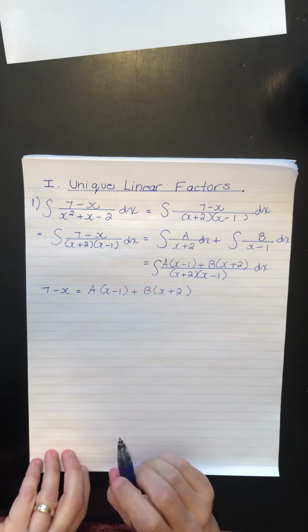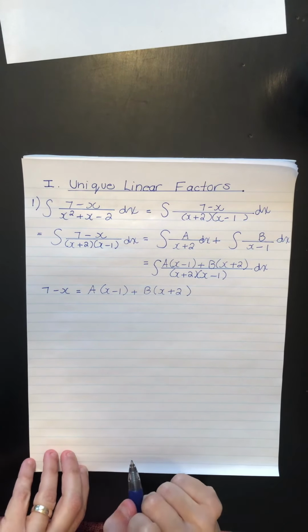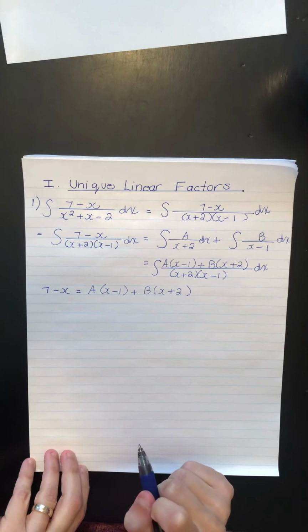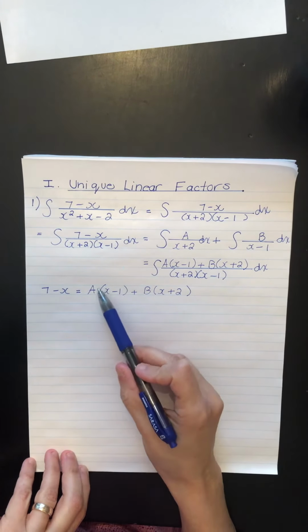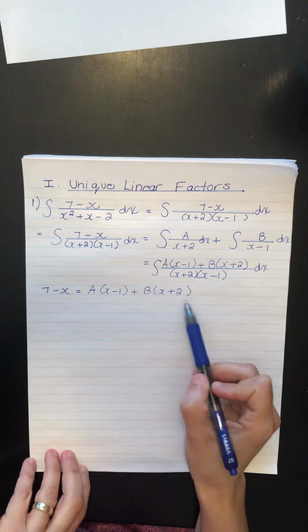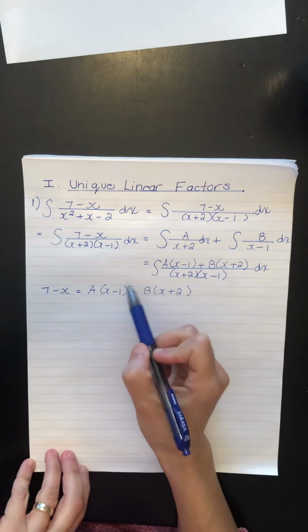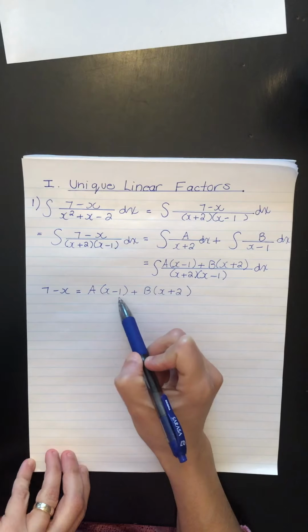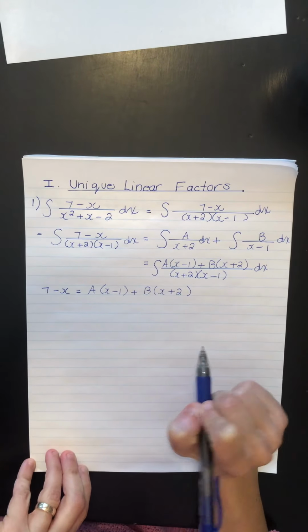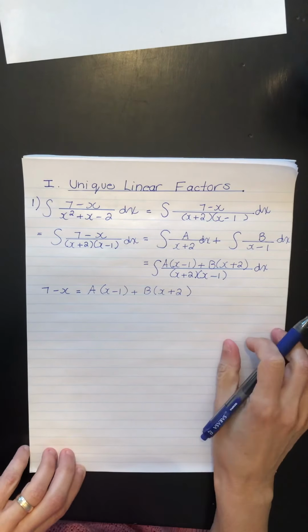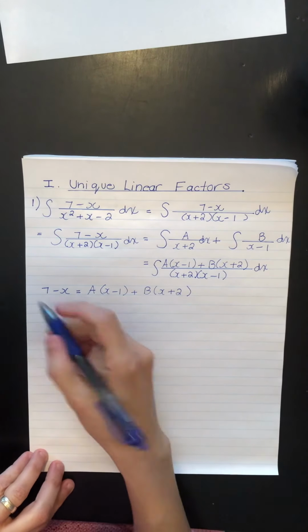Now we proceed to solve for both A and B by using the roots. What values would make this term and this term equal 0? Substituting x is 1, substituting x is -2.